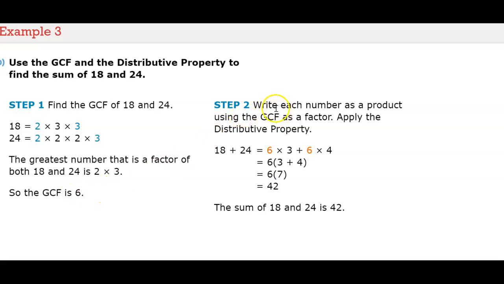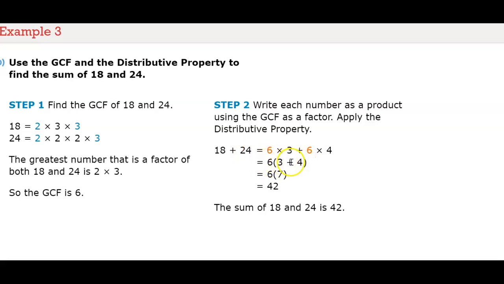Step 2, write each number as a product using the GCF as a factor and apply the distributive property. So to rewrite 18 plus 24, we use our GCF of 6, and you put it on the outside of the parentheses, and then you think to yourself, 6 times what equals 18? That's 3. 6 times what equals 24?